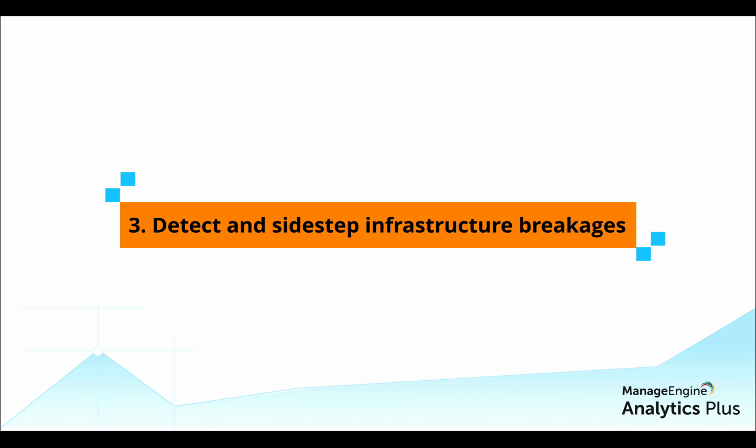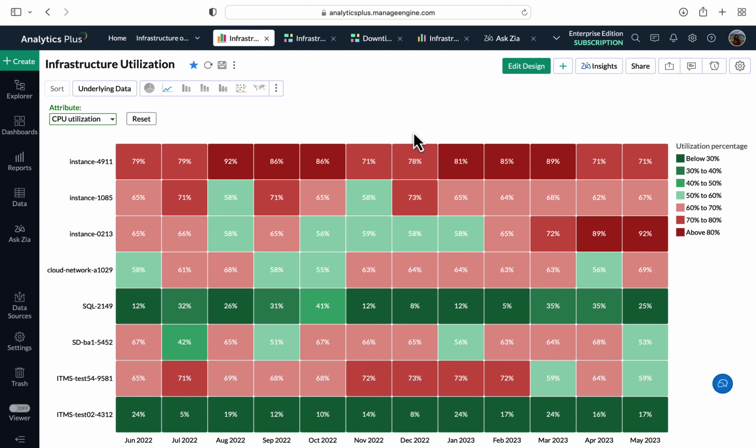And not only is this an easier and more effective strategy, but it also provides an accurate early warning system that alerts IT managers of breakages before they occur. And this gives organizations enough time to implement fixes and completely sidestep business downtime. And here's how you can establish this early warning system using analytics.